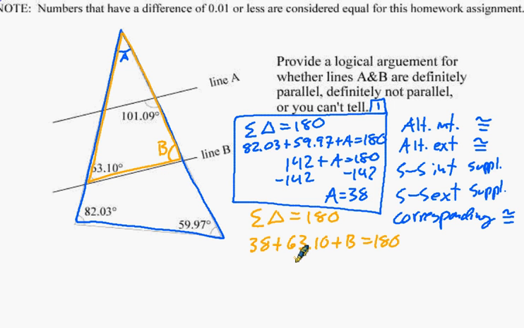And we can combine. This turns out to be 101.1. And if we solve, we get B is equal to 78.9.